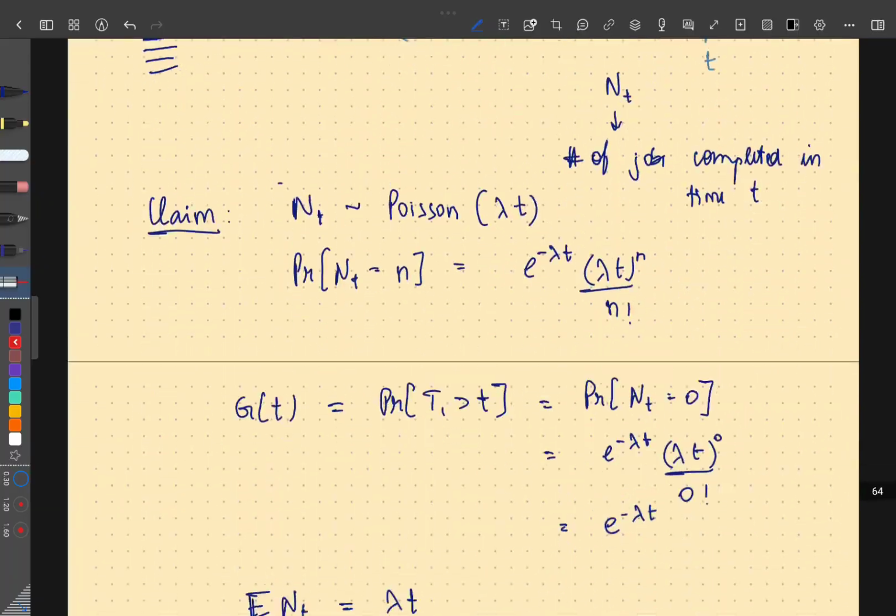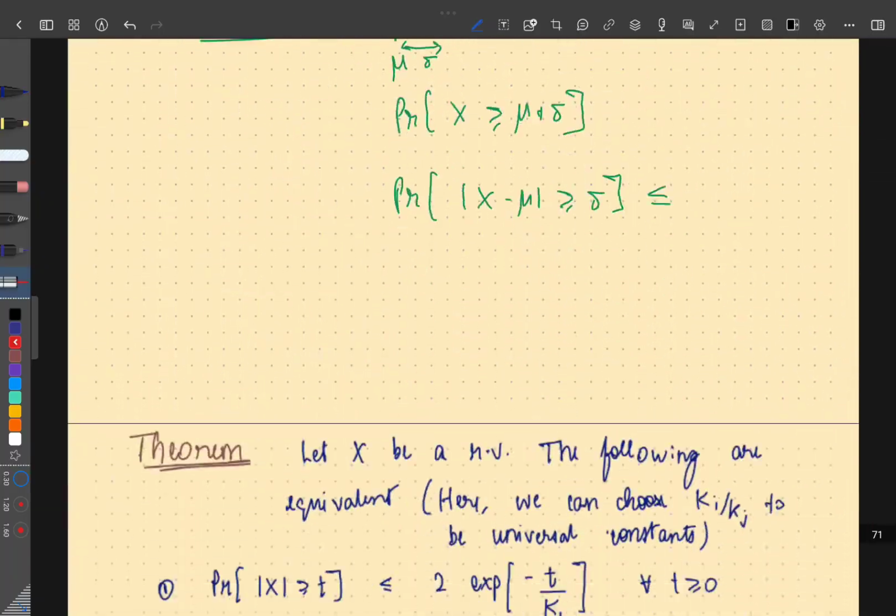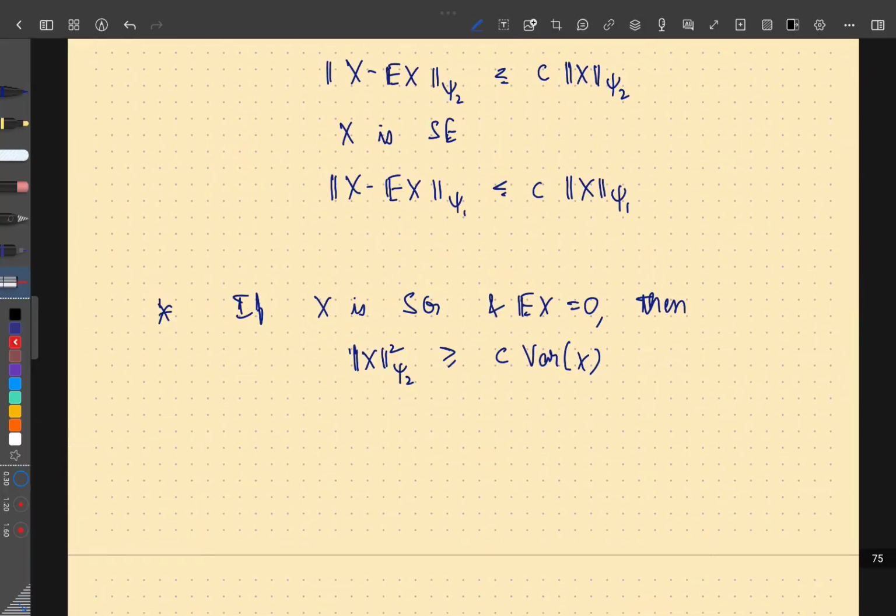That's all that we are saying here. Which means that if the variance is large, then the subgaussian norm is also large. The same holds true for the subexponential norm as well.